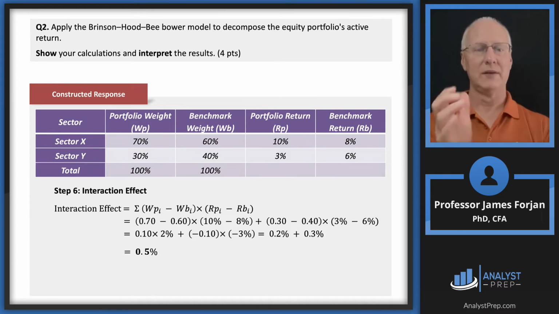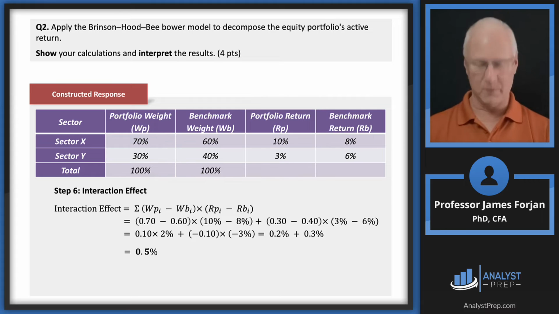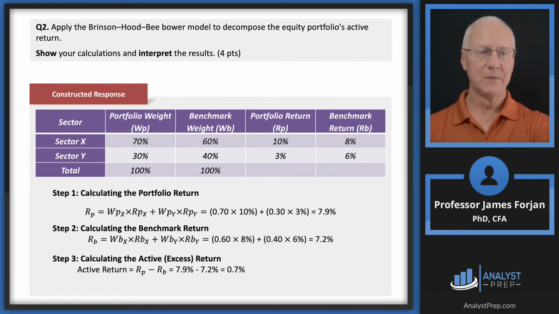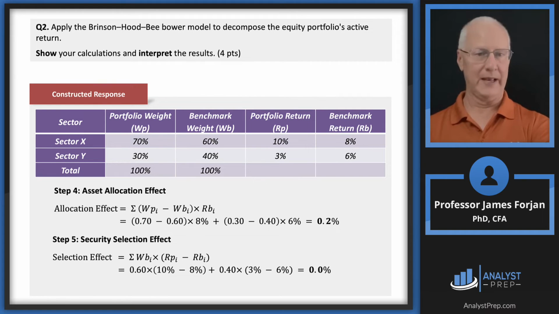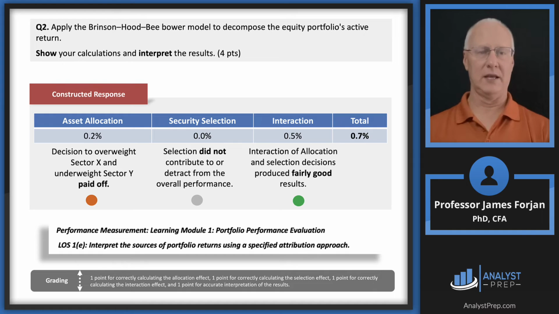So we're going to take the difference between the weights. So look at the first one, 70 minus 60, right, times the 10 minus 8, and then the 30 minus 40. So if you do all that, you get the 0.5. Now we're getting somewhere. So what was our outperformance? It was 7. So how do we get the 7? 2 for asset allocation, 0 for security selection, and 5 for the interaction effect.